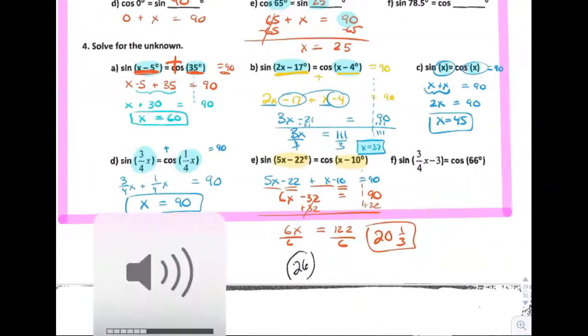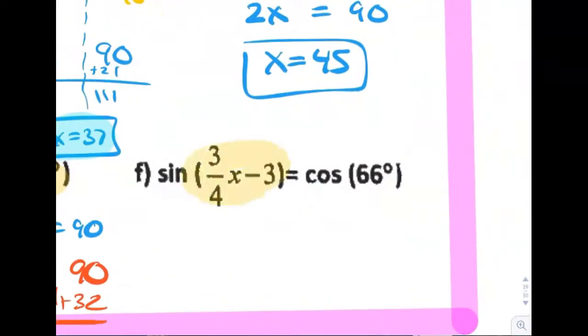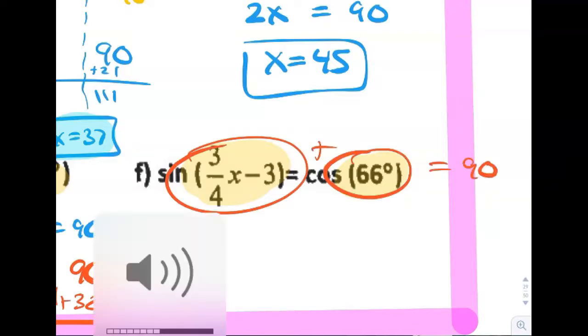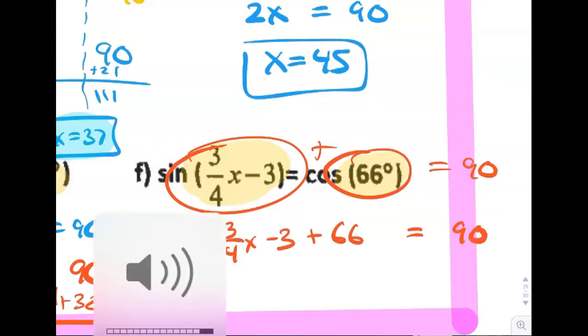And the last one, this plus this equals 90. So it's this plus this equals 90. Let's solve this one.